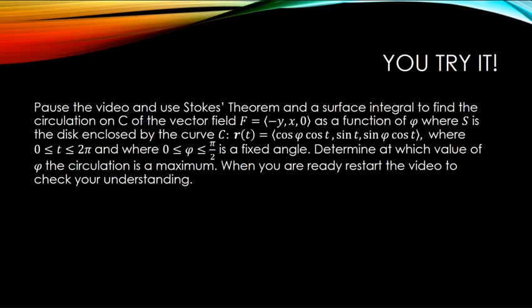So now you get to try it. Pause the video and use Stokes' theorem and a surface integral to find the circulation on C of the vector field F equal to a vector with components negative y, x, and 0, where S is a disk enclosed by the curve C, such that r of r, t is equal to a vector with components r cosine phi cosine t, r sine phi cosine t, where 0 is less than or equal to t, which is less than or equal to 2 pi, and 0 is less than or equal to phi, which is less than or equal to pi halves, is a fixed angle.